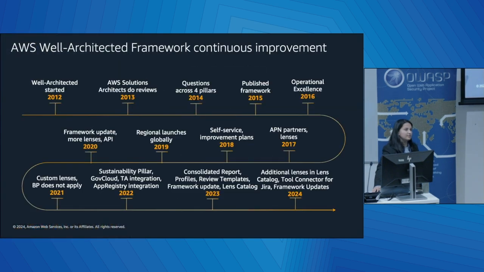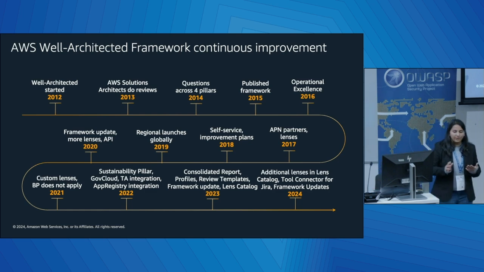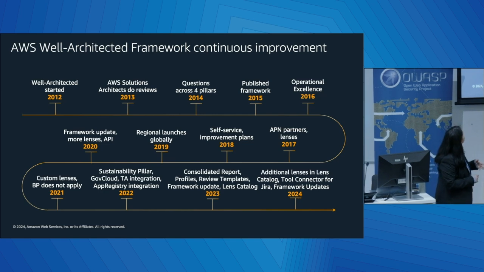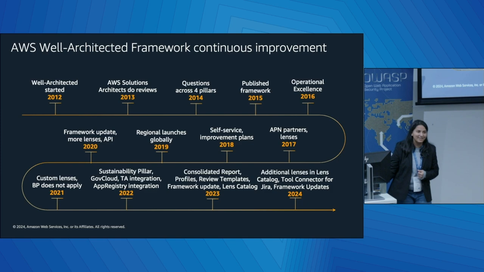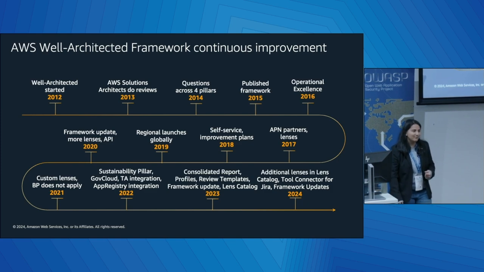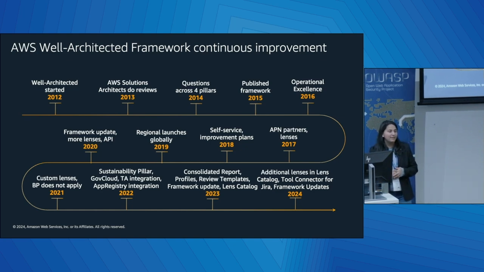So this is not just something that started now. As I said previously, customers were asking what is the best way of doing certain things. So we started this in 2012. Some nerd guy in AWS wrote a paper saying, okay, this is how you do it in the best way. And then we realized it is actually quite popular, many people are asking for it.